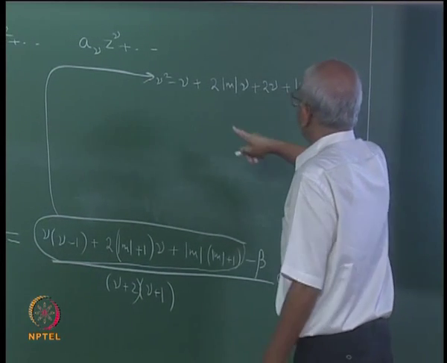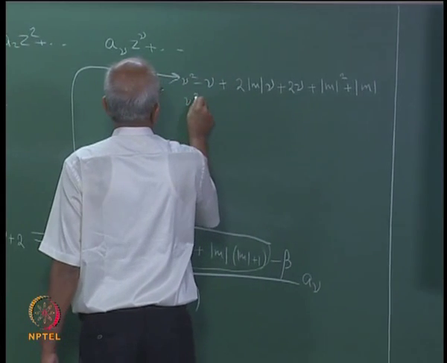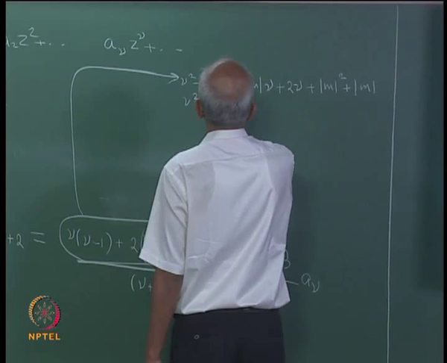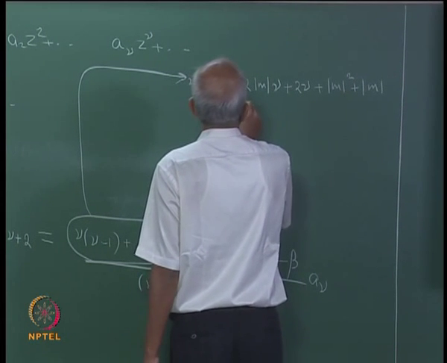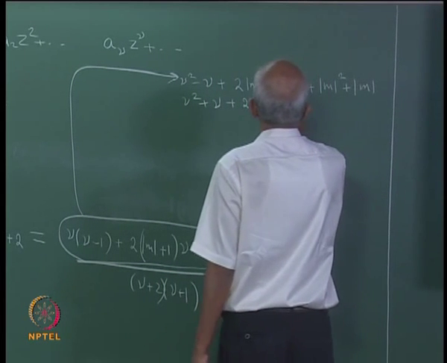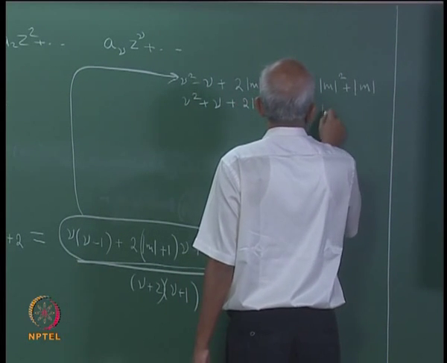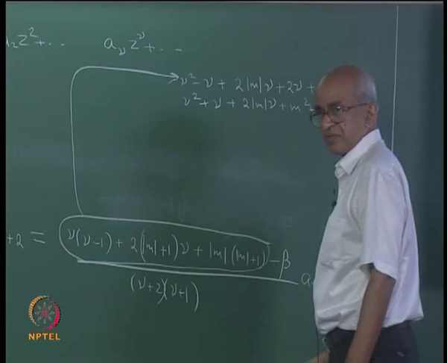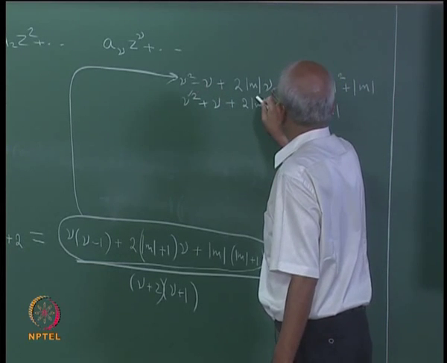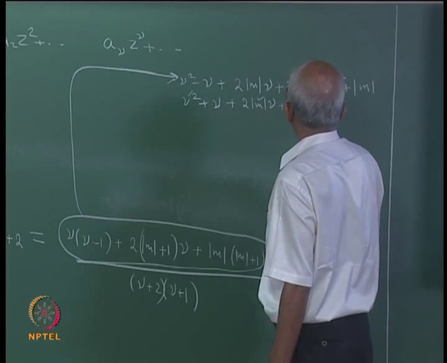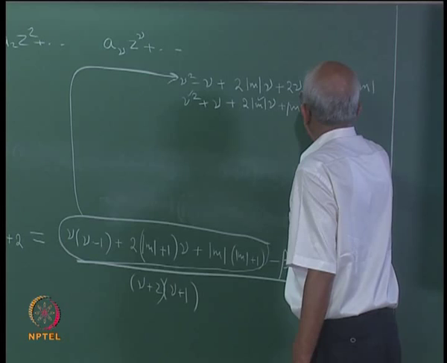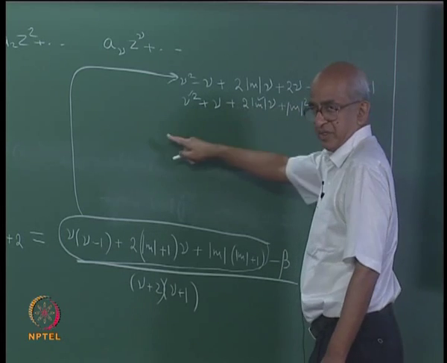And if you simplify this, what is going to happen? You are going to get nu square minus nu and 2 nu will combine. I will get plus nu plus 2 magnitude of m nu plus m square plus magnitude of m. But then this one and this magnitude of m square you can combine, right.